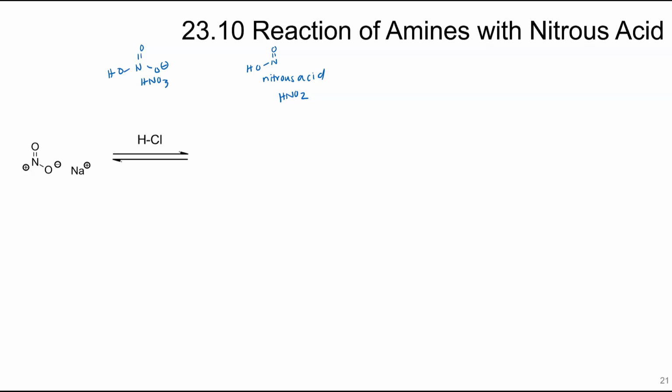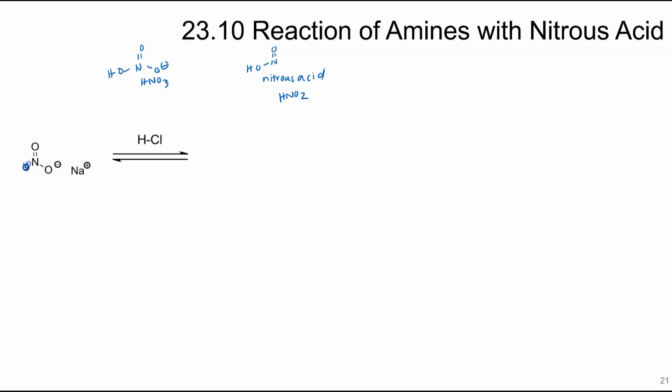Nitrous acid is not stable, and if we treat an amine with nitrous acid, this can make sodium nitrite in solution with a strong acid, such as HCl or H2SO4. So we'll have sodium nitrite forming, which is what we see here.